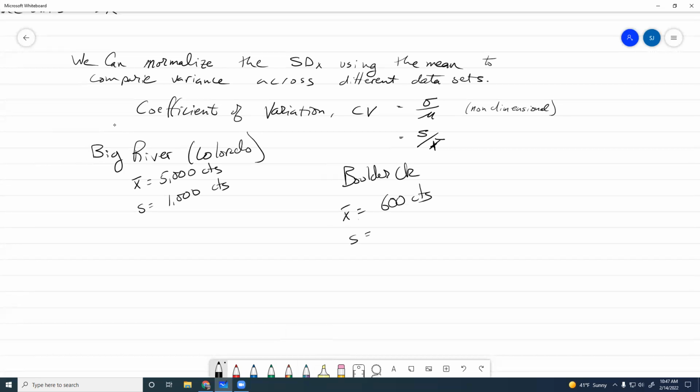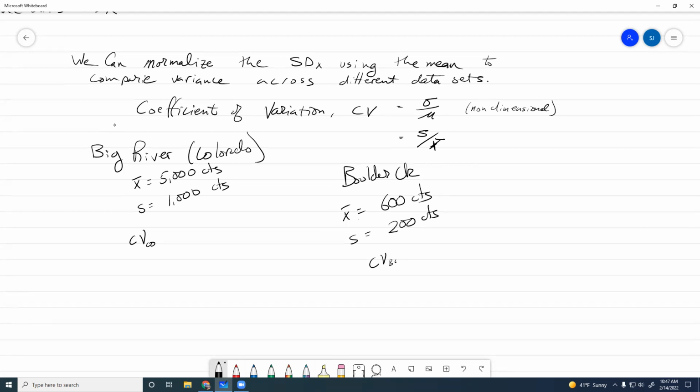And the standard deviation is 200. So I can calculate my coefficient of variation for the Colorado River and the coefficient of variation for Boulder Creek. And that gives me a way to compare directly the variability, because it's just normalized by the mean. You basically take the mean out, and then you've got that variability.